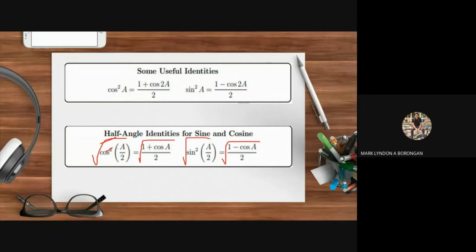Cosine of a over 2 is the square root of 1 plus cosine of a, divided by 2. Sine of a over 2 is the square root of 1 minus cosine of a, divided by 2.